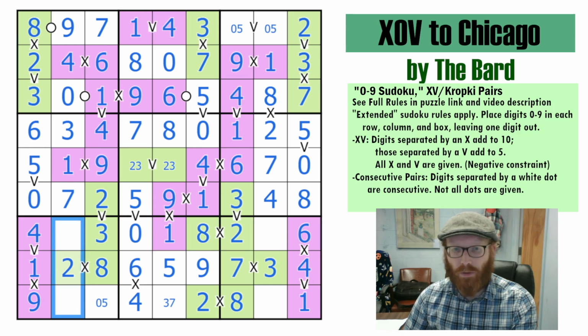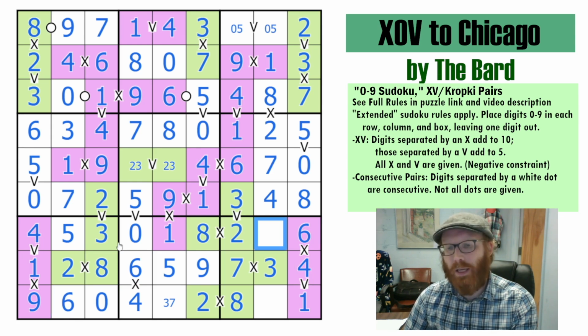we have 0, 1, 2, 3, 4, it could be 5, 6, or 8. There's a 6 and an 8 in this row, so that's a 5, which makes that a 0, and there's an 8 in the box, so that is a 6. What goes here? We have 0, 1, 2, 3, 4, 5, 6.